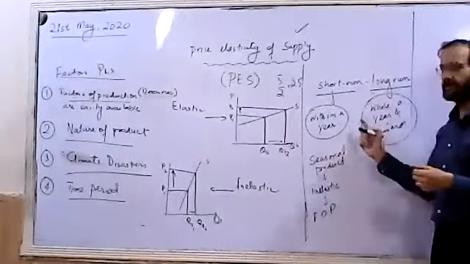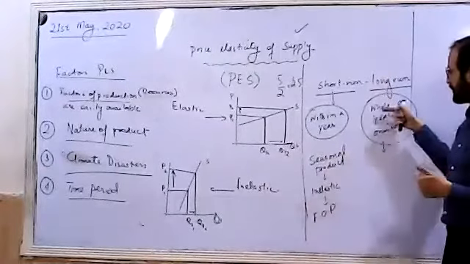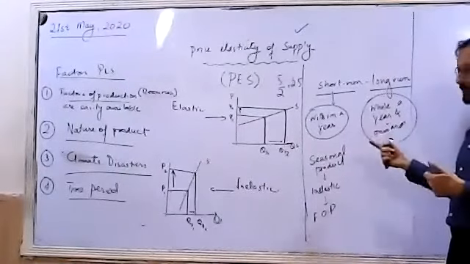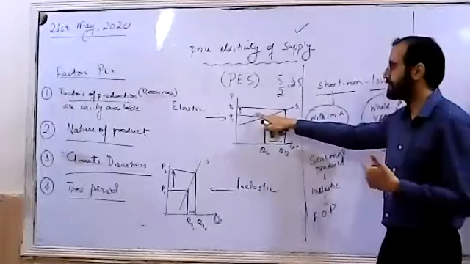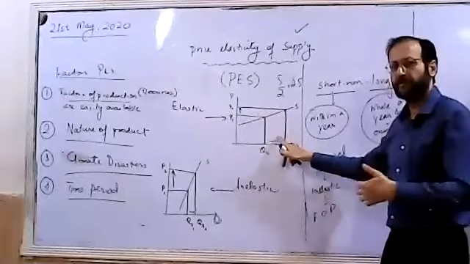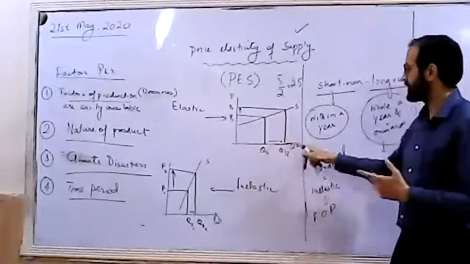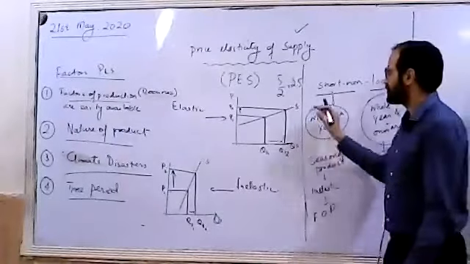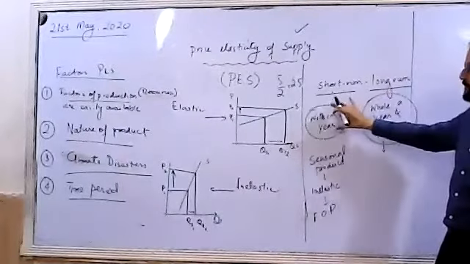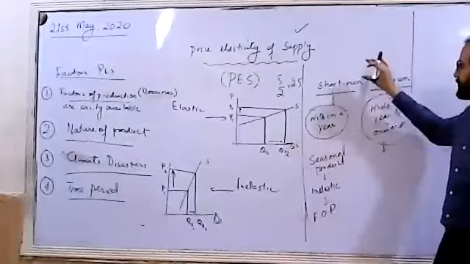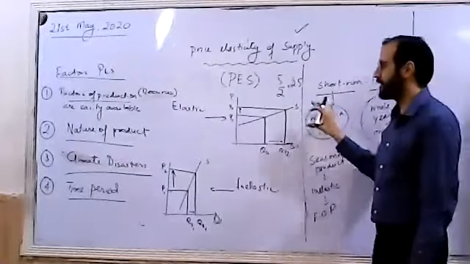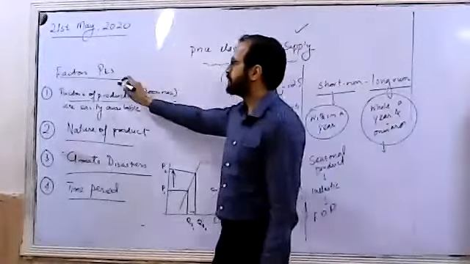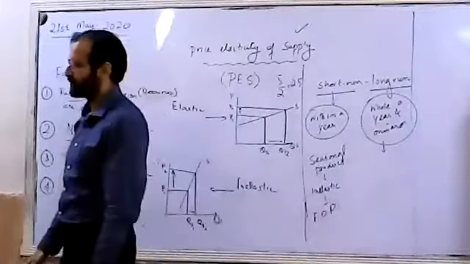So it's a long run industry working for a whole year and onwards. So the more the prices are increasing of a long run industry, we are more capable to respond, and that shows an elastic response. So two types of time period which we have discussed in this discussion: short run and the long run, and they are also one of the factors which can influence the price elasticity of supply.